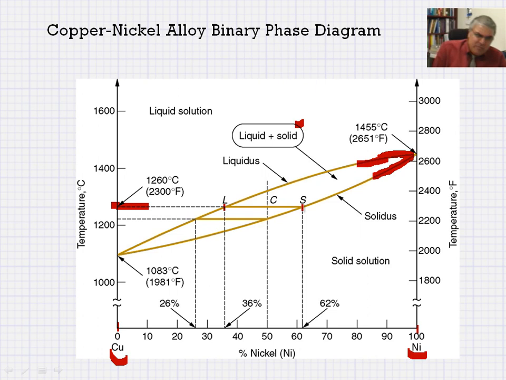In this case, you would continue this line until it hits the point S, and draw a straight line down. That would hit the x-axis at 62%, and you know exactly that 62% is the composition of nickel for that particular material.